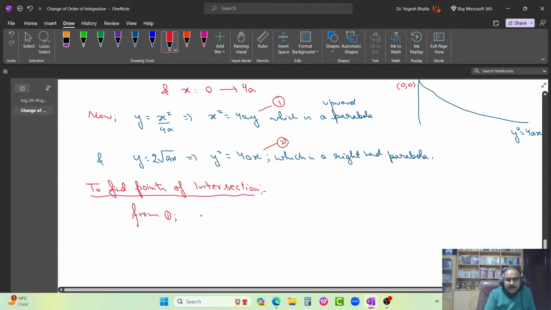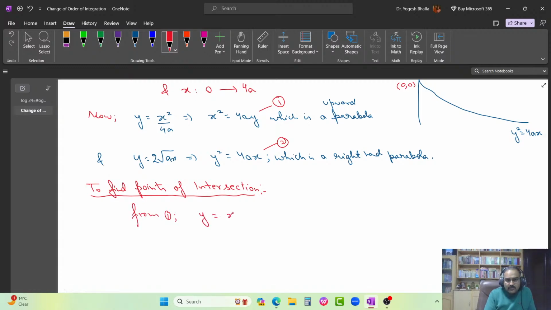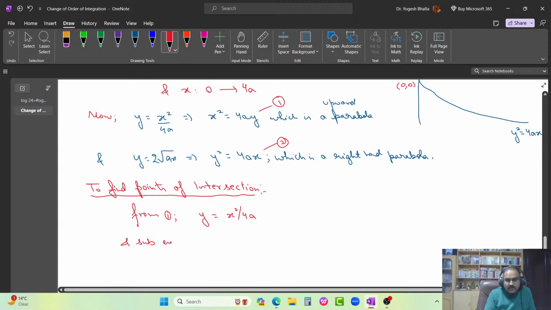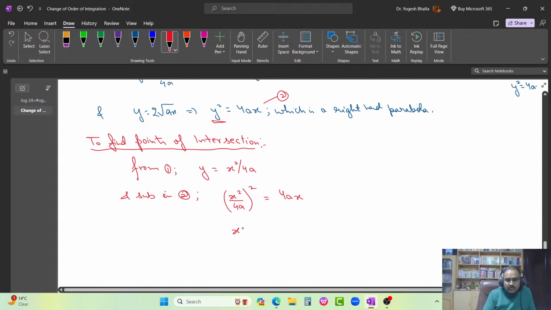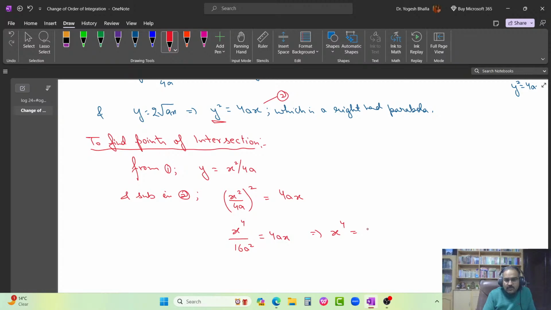From 1 we can take y is equal to x square by 4a and substitute in equation number 2. So x square by 4a whole square is equal to 4ax. It comes to be x to the 4 over 16 a square is equal to 4ax. That means x to the 4 is equal to 64 a cube x.